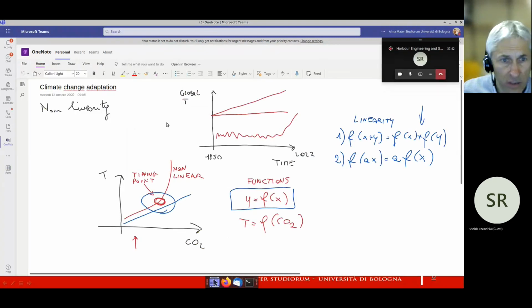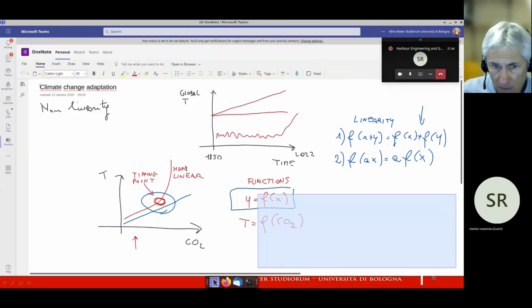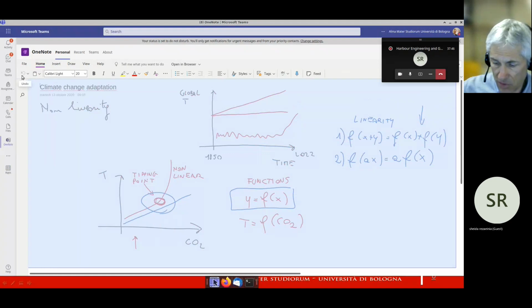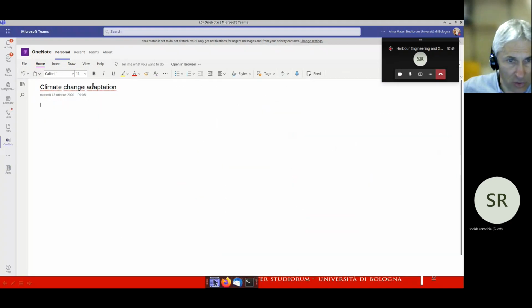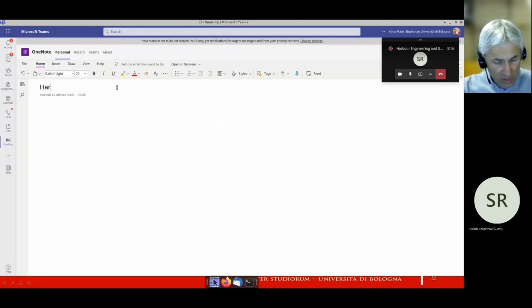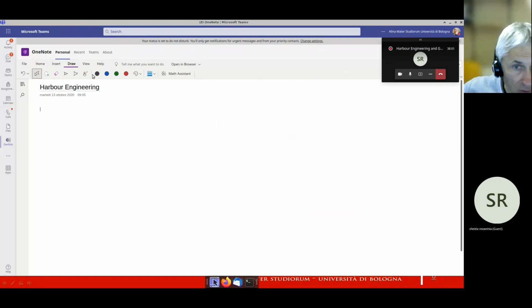I think I need to clean it because these are notes from another lecture. So let me write here Harbour Engineering. Okay, so let me draw a very simple sketch of an open basin, a rectangular one. One second, okay, now it should work.